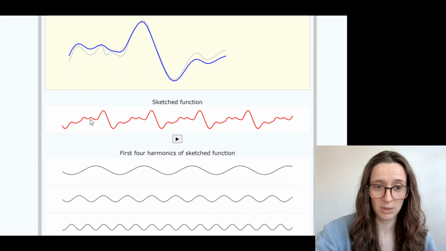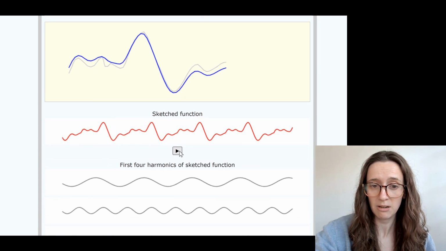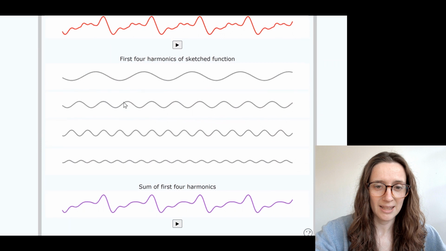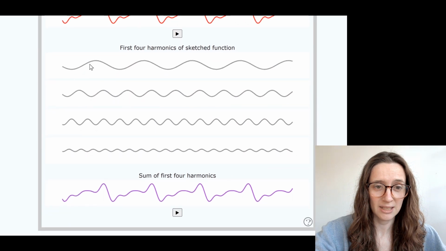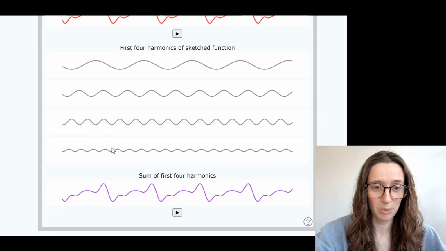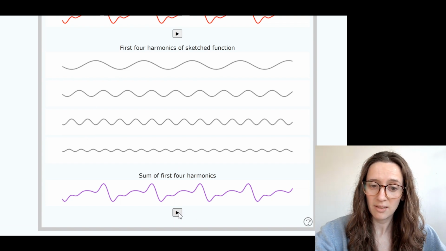There we go. Here's a weird-looking function. We can hear it. And this app breaks it down into the sum of these simple pendular vibrations. Let's hear that.